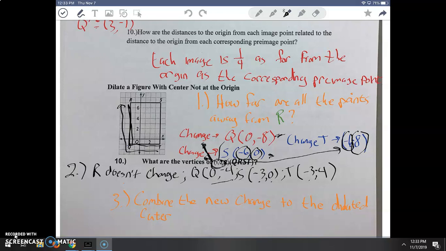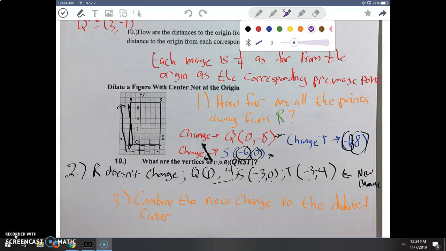Now the next thing says combine the new change, which is what this is, and apply it to the dilation center. Remember the dilation center, let me pause it for a second. I'll show you.